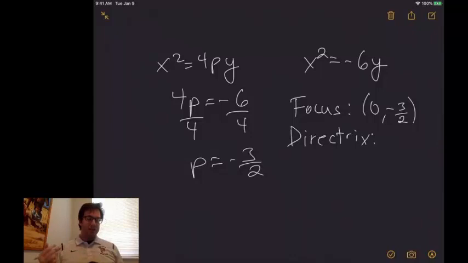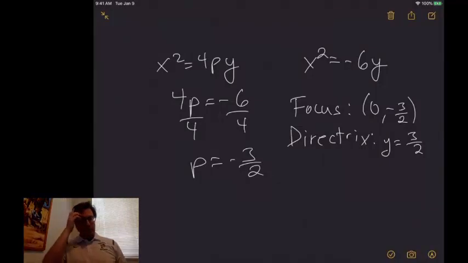So in this case, because p is negative, our directrix is at y equals positive 3/2. So the sign for the focus and the directrix will always be opposites of each other. Okay? If one's negative, the other one's going to be positive. So that's how we would find where the focus and the directrix are.